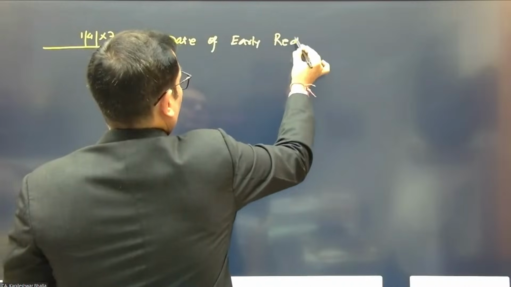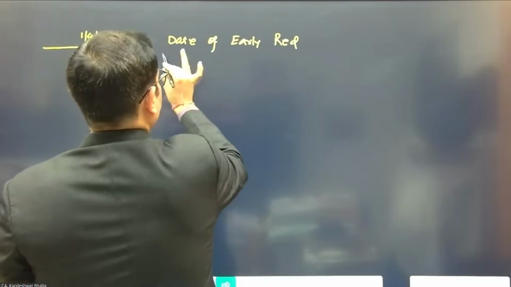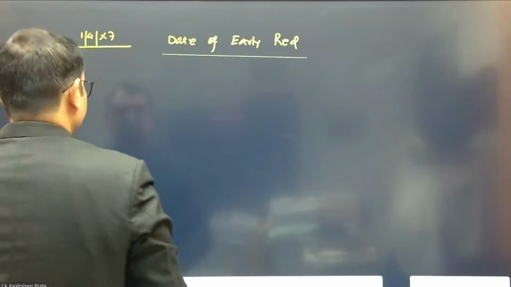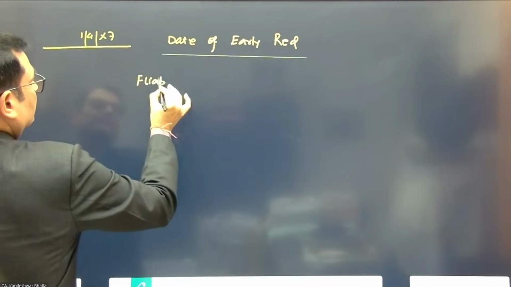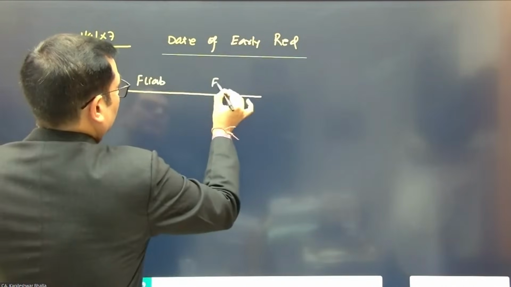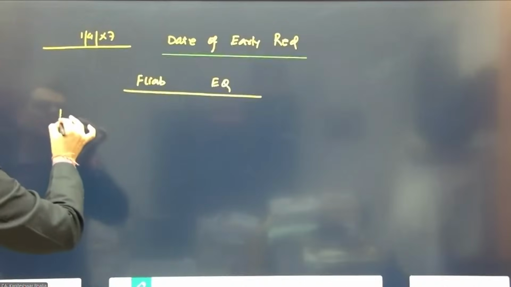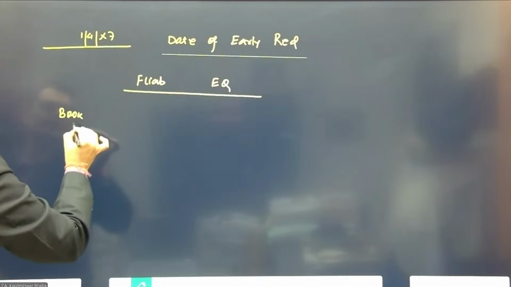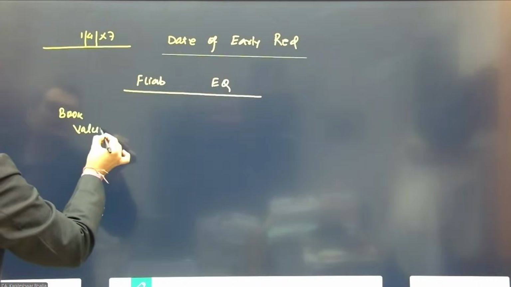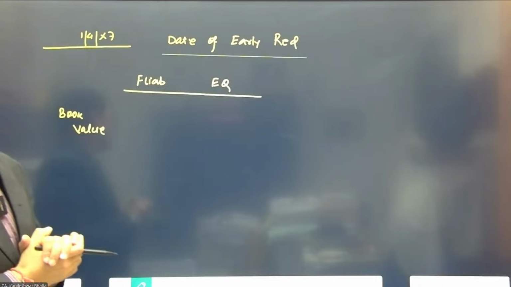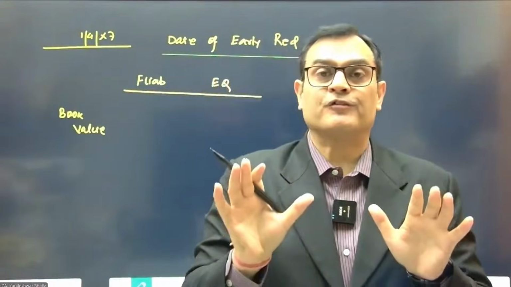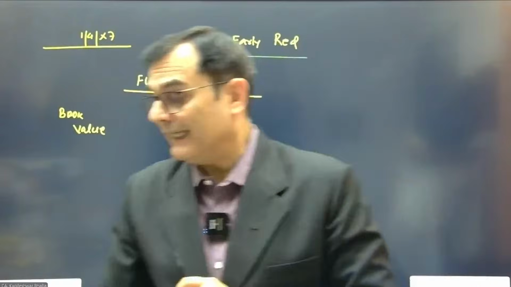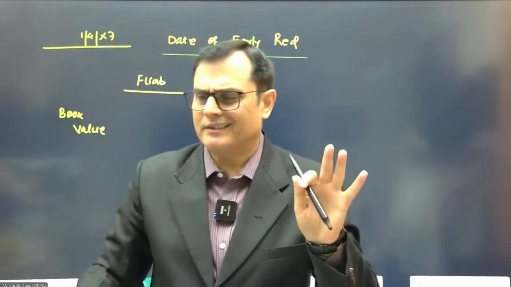What am I supposed to do on the date of early redemption? Organize the figures. So we've got the financial liability and we've got the equity component of the CFI. Let's organize the book value. So what you've done so far is the calculation of the book value of FL as well as equity. Just organize the data.